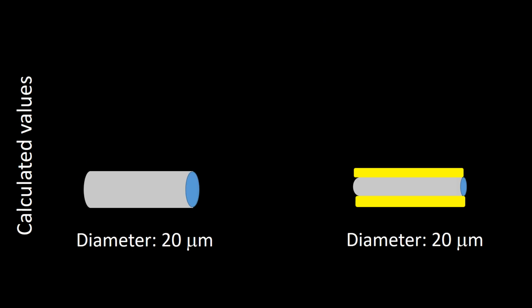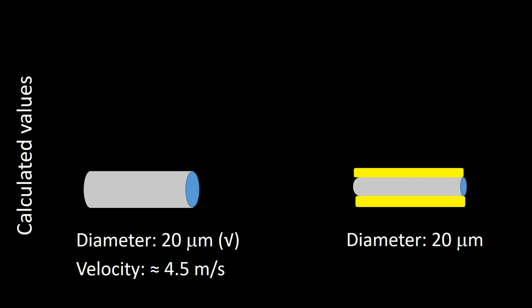In this frame, you can see the representation of one unmyelinated axon and one myelinated axon. Both have the same diameter, 20 micrometers. Unmyelinated axon conduction velocity can be calculated by finding the square root of the diameter of the axon.